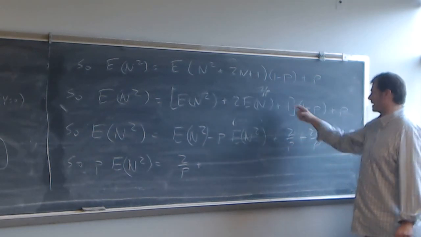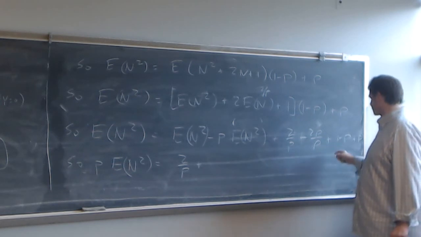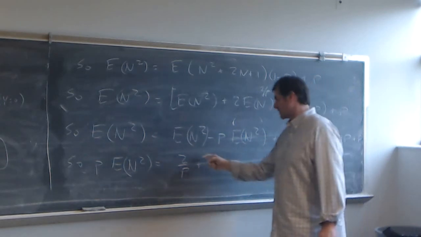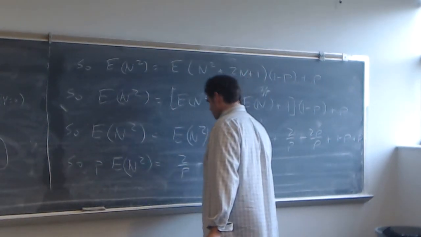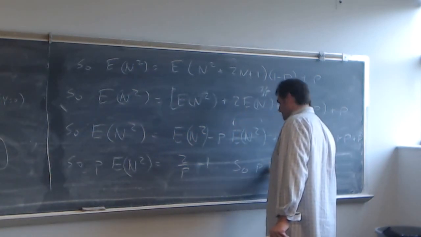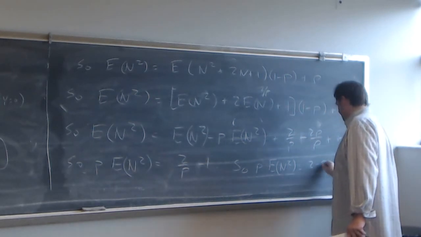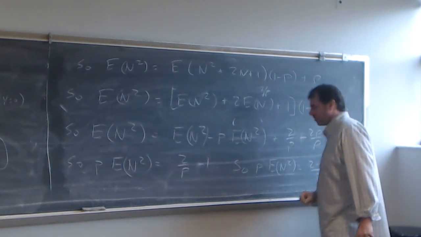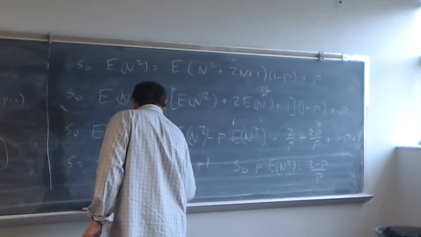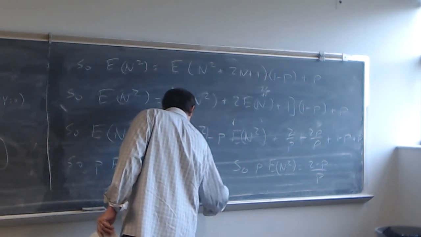And times 1 is 2 over p. Minus 2p over p. That's right. So the minus p here and the plus p makes 1. Here is a minus 2, so we end up getting a minus 1. So p times the expected value of n squared equals 2 minus p over p. So that tells me that the expected value of n squared is equal to 2 minus p over p squared.